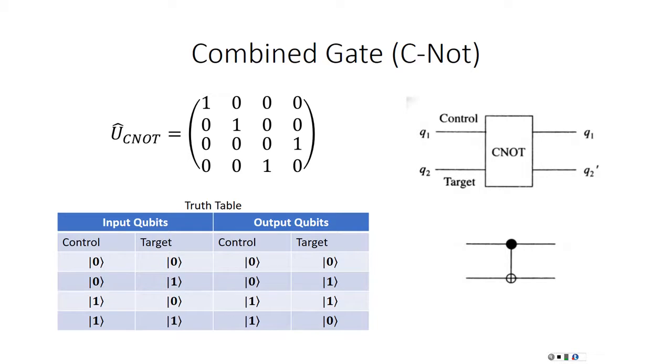So it looks at the control, and the control never changes. So the control will always stay the same in these inputs. So the control doesn't change throughout these, but it looks at the control and then changes the target gate. So if the control is a 1, then it'll flip the target gate.